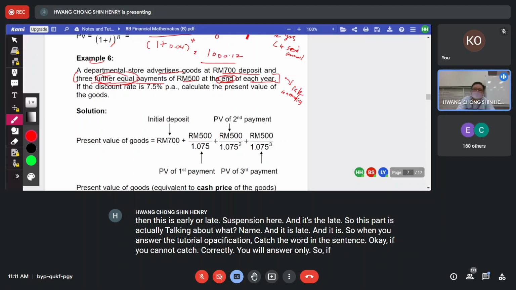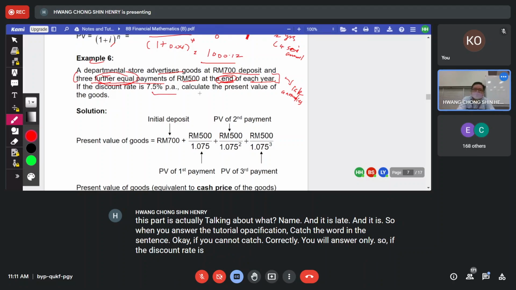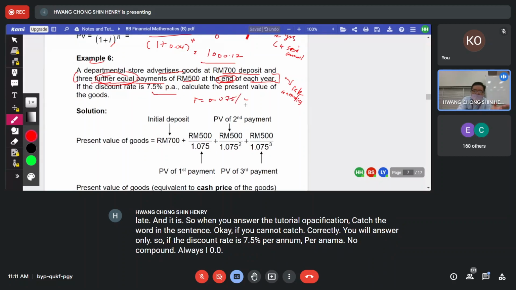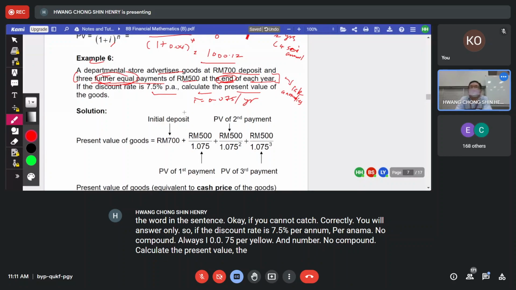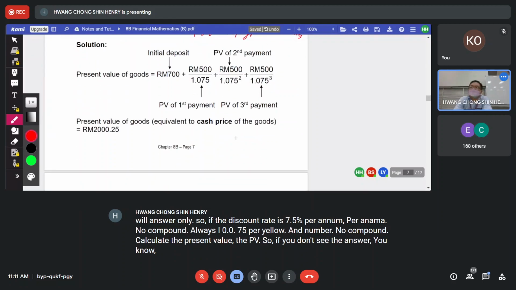If the discount rate is 7.5% per annum, no compound. So what's your I? 0.075 per year, per annum, no compound. Calculate the present value, the PV. If you don't see the answer, do you know how to calculate or not?